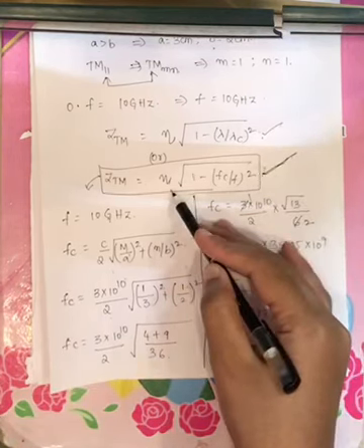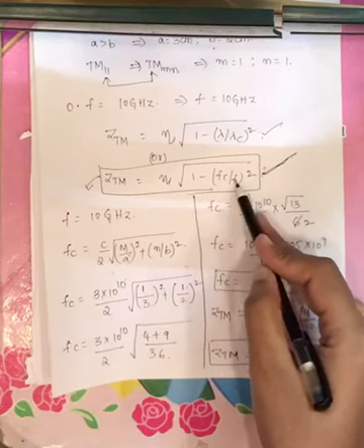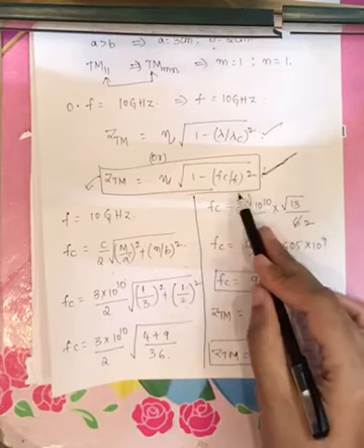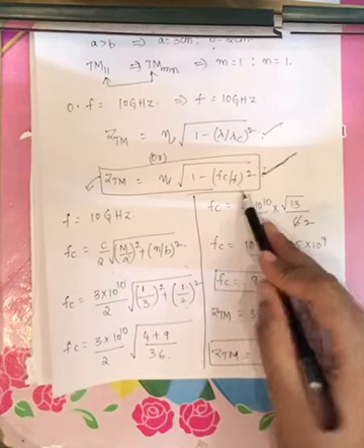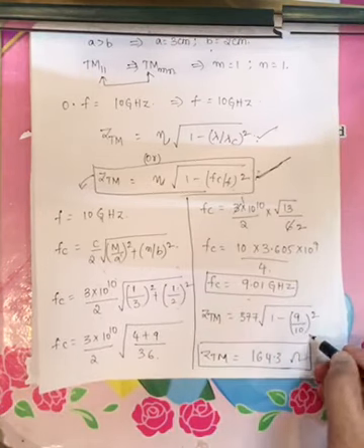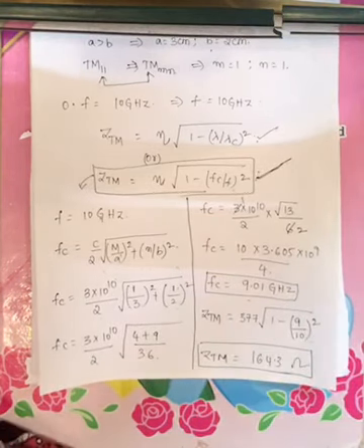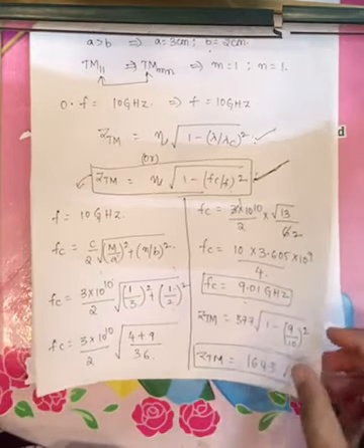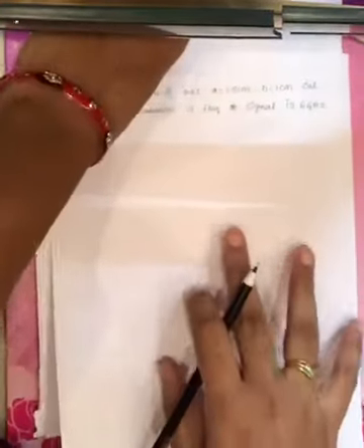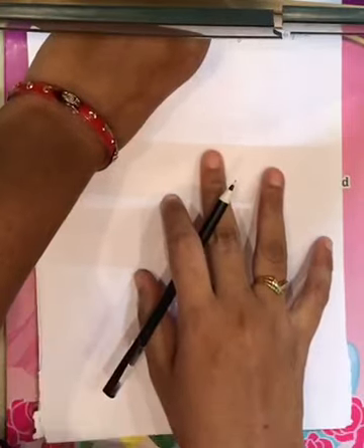Eta you know, 377 ohms, under root of 1 minus, now what is fc? We got it as 9 gigahertz and f is the operating frequency mentioned in the problem, 10 gigahertz. If you solve totally, you are getting 164.3 ohms. This is the wave impedance of TM11 mode.